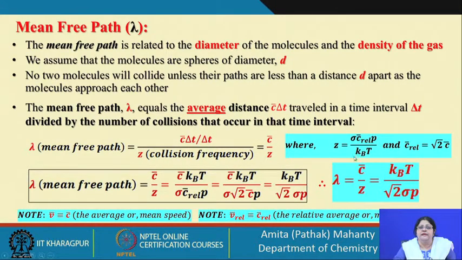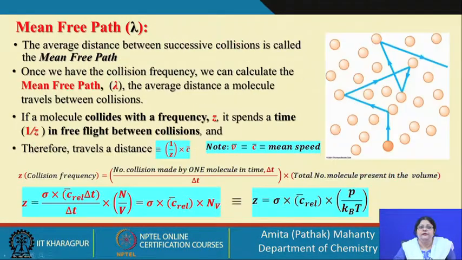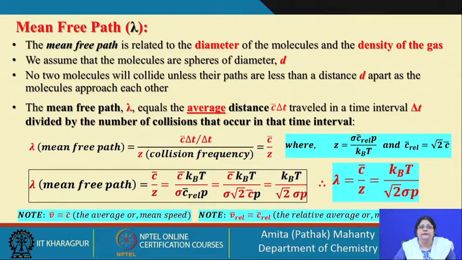Here k is the Boltzmann constant, T is the absolute temperature. Again, from the expression we know from the previous page, we have defined this as the distance traveled between consecutive collisions, which is the mean speed divided by the collision frequency.